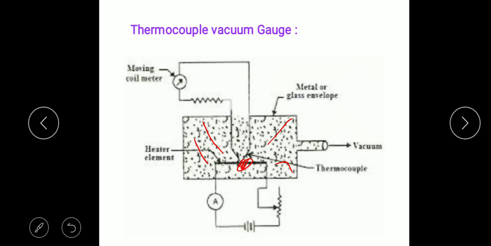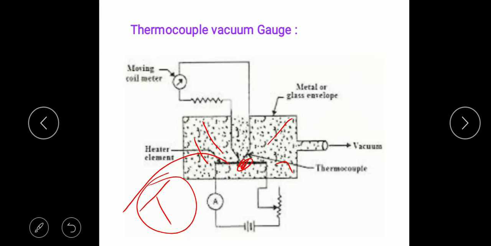Now due to the loss of heat, the gas will absorb the heat and the temperature of the gas will increase, and because of that, the thermal conductivity, meaning the heat carrying capacity of the gas, will reduce, and because of that, the final heater element temperature will reduce, because the heater element has lost the heat.